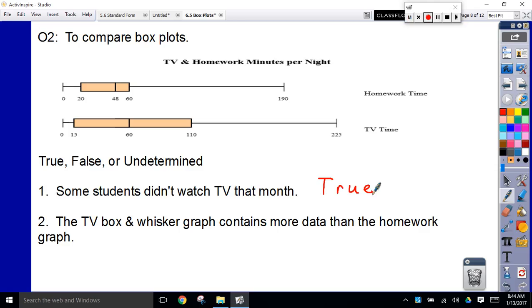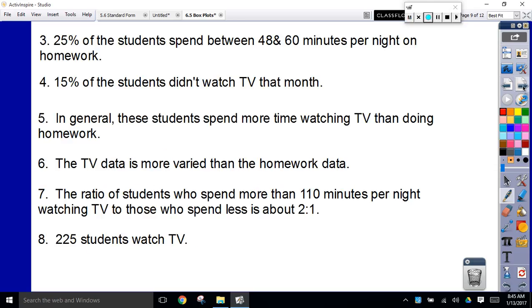So I think undetermined is a fair answer for this. If you also put false, assuming that it's the same group of students, that would be okay too. So we can't tell from the length of our box plot how much data is represented in the box plot. We can only tell how far spread out it is. The longer it is, the more spread out it is.